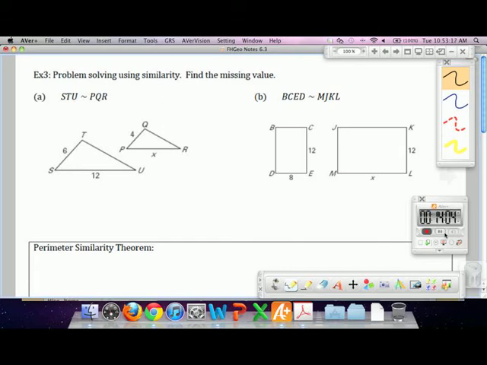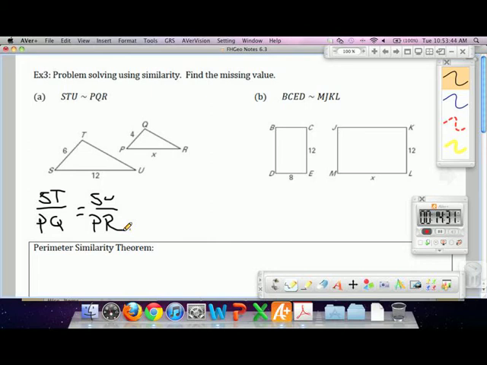So for example, if triangle STU is similar to PQR, that means that ST over PQ better be the same as, say, SU over PR, which also must be the same as TU over QR.